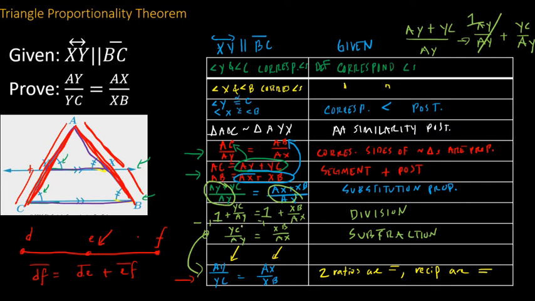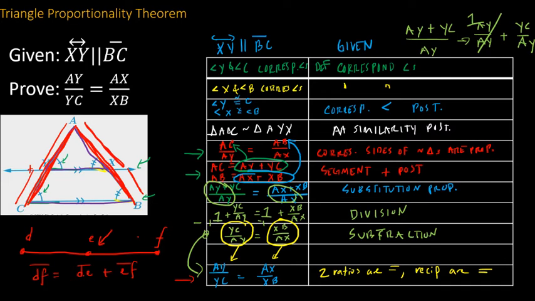Okay, so since yc over ay equals xb over ax, I can take the reciprocals of these and preserve that relationship. Okay, and that is my proof for this triangle proportionality theorem, or in particular, this one proportion within that theorem.